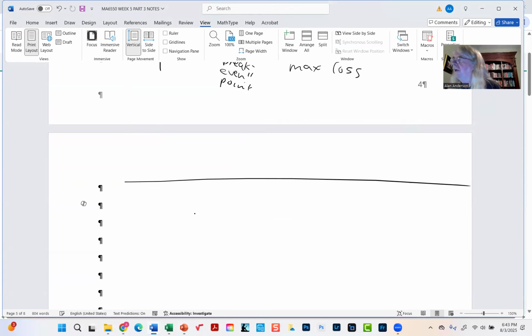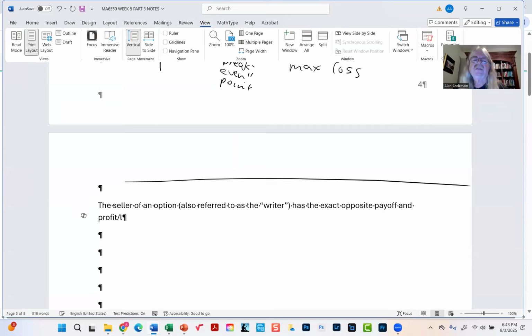Whether we're dealing with the over-the-counter market or we're going through the exchanges like the CME, the seller of an option, also referred to as the writer, has the exact opposite payoff profit loss as the buyer, in the sense that between the buyer and the seller, the total profit is zero.